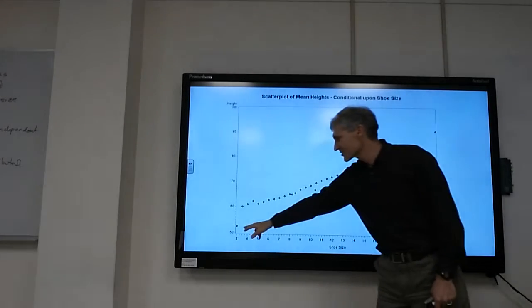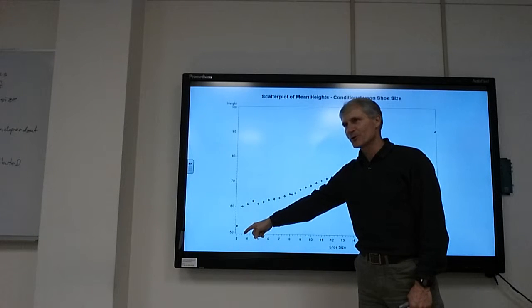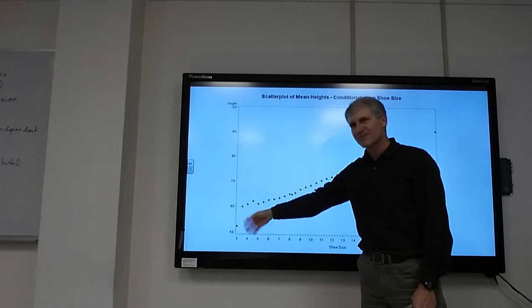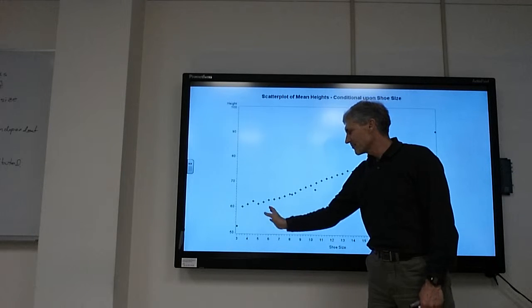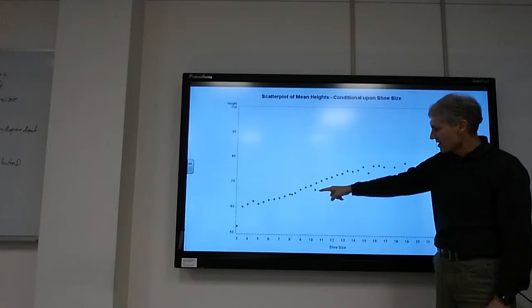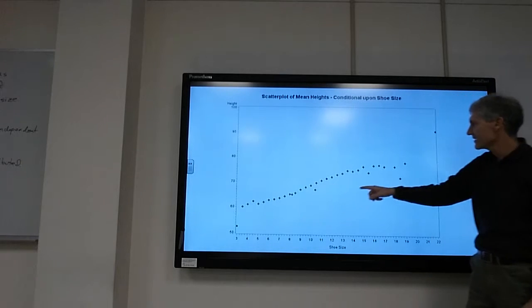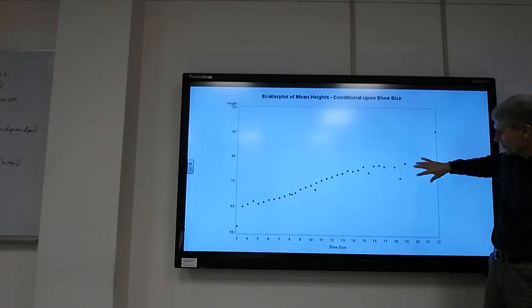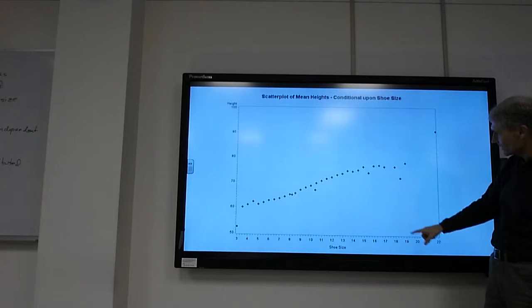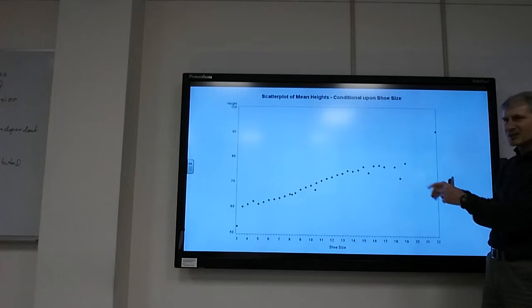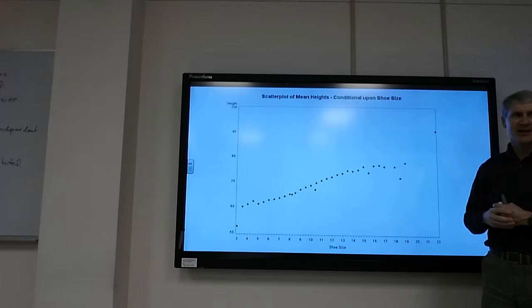Now down here at size 3 shoe, there was probably only 2 or 3 observations, so it's not reliable. I should pull that one out. There's an odd one there. I'm not sure why. I haven't investigated. And up here at size 19 and 20 shoes, it gets really sparse, so there's only a couple of people.